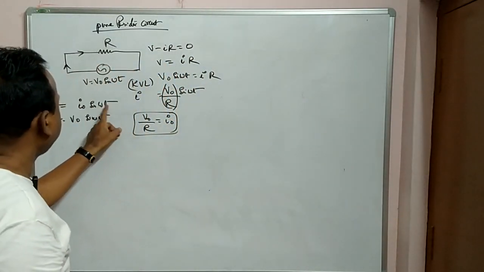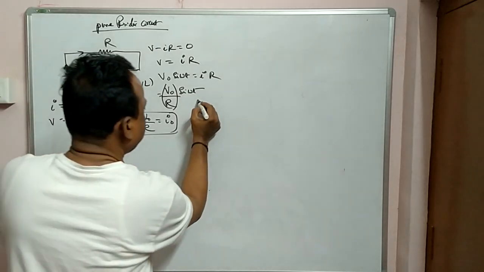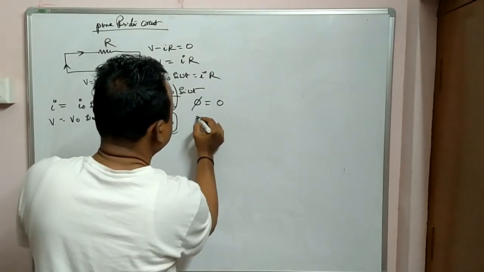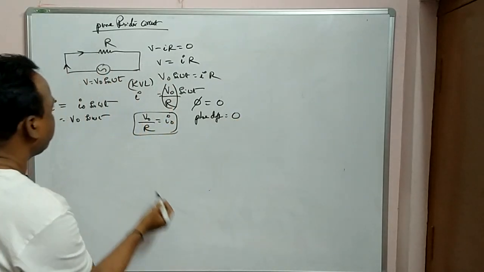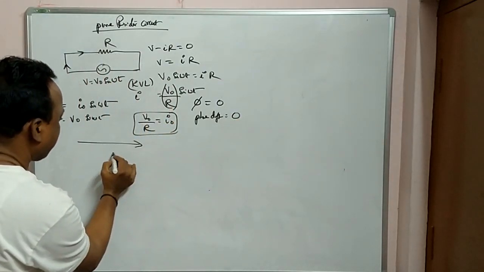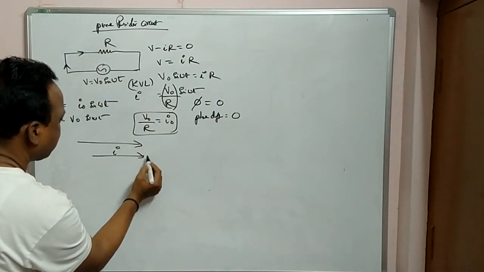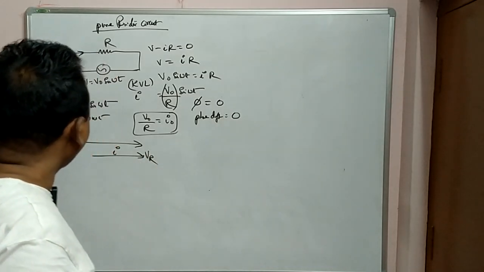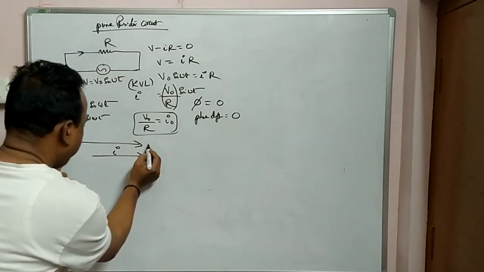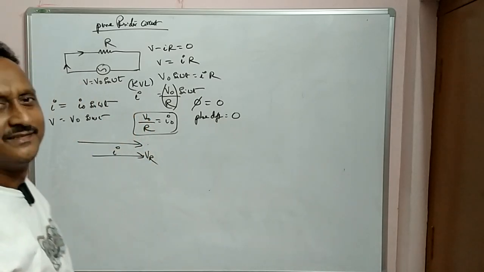You can see there is no minus or plus. Therefore in this case phi is equal to 0. Phase difference is 0 between voltage and current. Wherever the current is, the voltage is also in the same direction.